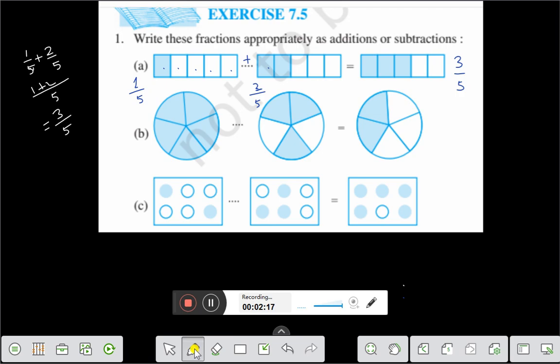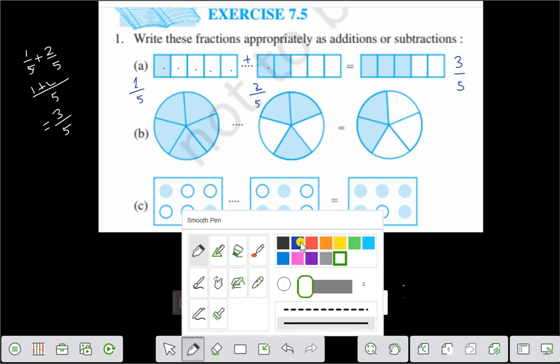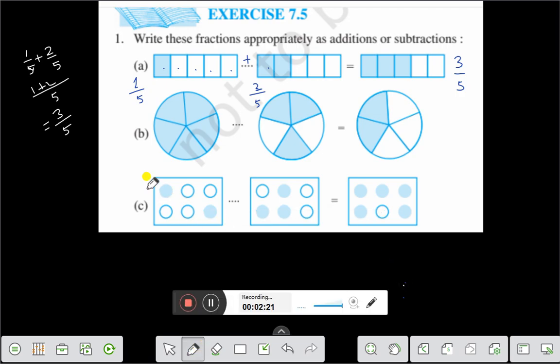Now, question number B. We write the fractions first. 1, 2, 3, 4, 5, that means 5 parts are shaded. The fraction will be 5, and total parts is 5, that is 5 by 5.